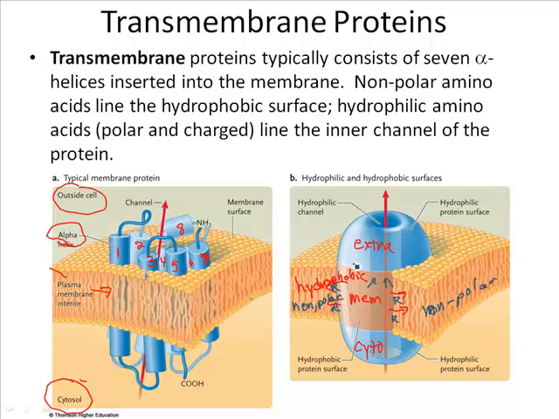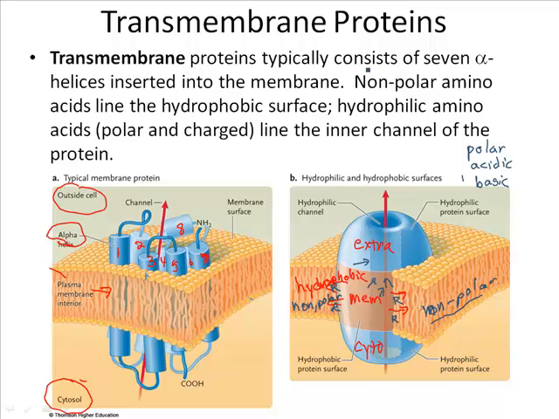What type of amino acids are going to be buried in this part of the protein? That's right. Your polar amino acids are going to be buried. Your acidic amino acids are going to be buried. Your basic amino acids are going to be buried. For the simple fact that they can't interact with the non-polar core of this membrane.